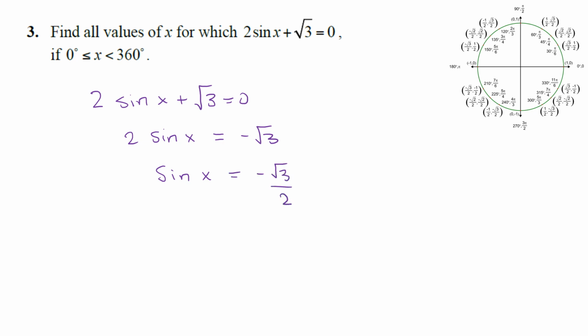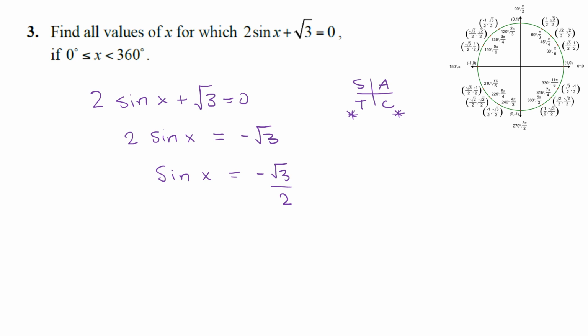divided by 2. Okay, so similar to the last problem, we want the angle measures where our sine is negative square root 3 over 2. So since sine here is negative, using our acronym, All Students Take Calculus, sine is negative in the third quadrant and in the fourth quadrant.